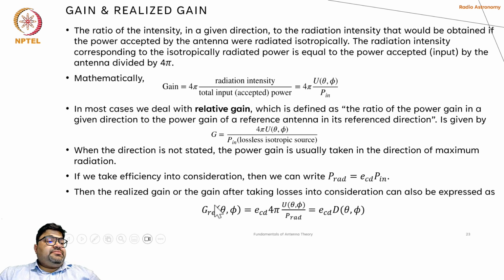If you rewrite this, the gain can be written as the radiation efficiency times 4 pi U theta phi over P radiation, which is the directivity. So directivity and gain are proportional, and the multiplicative term is the efficiency.